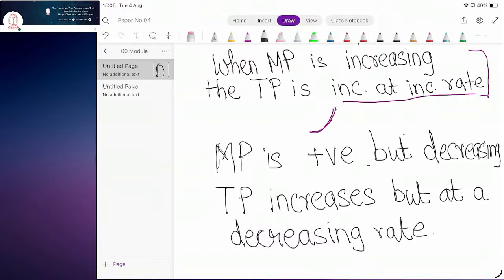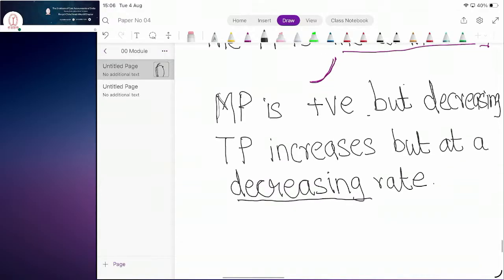Okay, so it is increasing but at a decreasing rate. So this is the kind of curvature of the curve it is having. This is going up, but its rate of increase is always falling. Okay, if you draw a tangent, it is getting flatter and flatter.